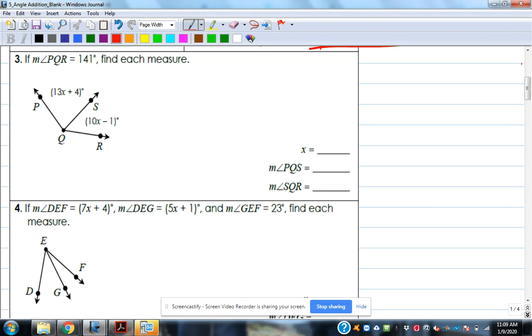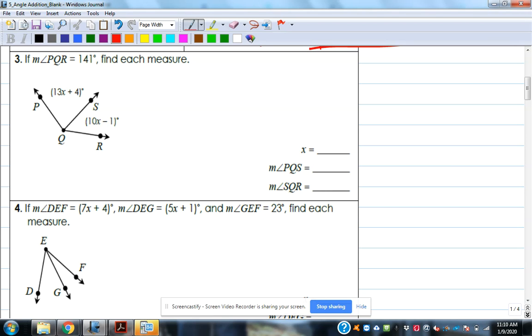Example 3. If the measure of angle PQR is 141 degrees, find each measure. So they've got a list of things they want us to find here. We have a picture of things involved here. So how do we set up the equation in order to be able to solve this? Are they equal to each other? No, they're not equal to each other. 13x plus 4 plus 10x minus 1 equals 141.